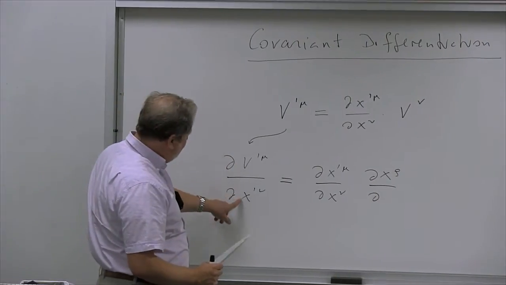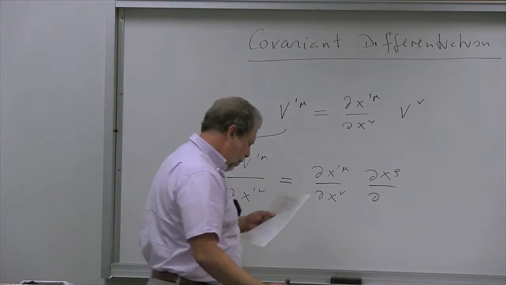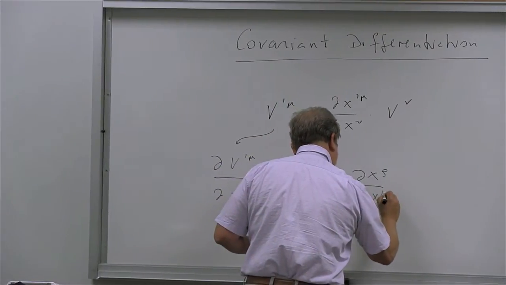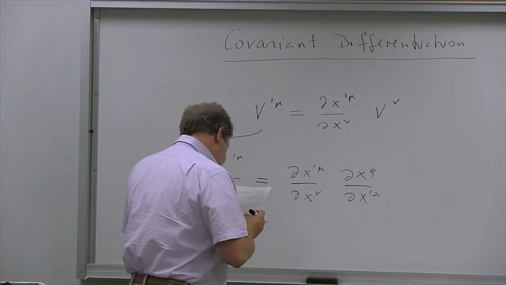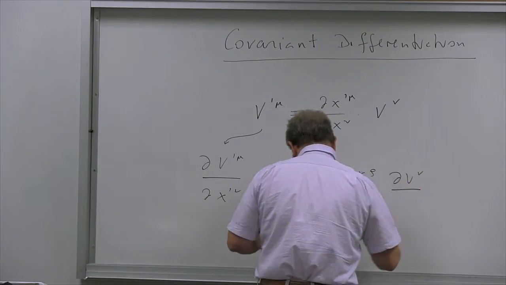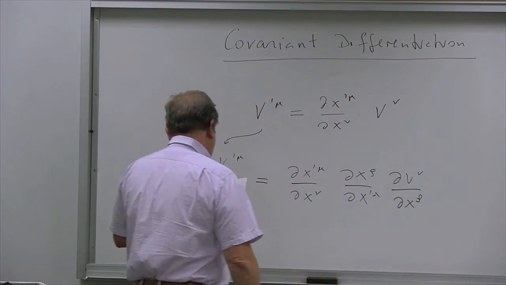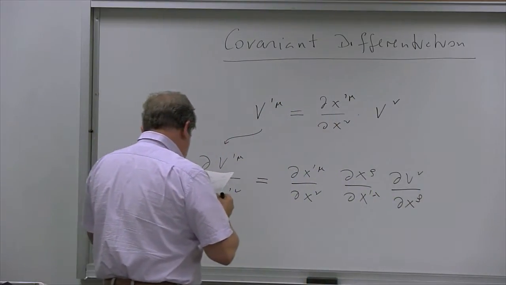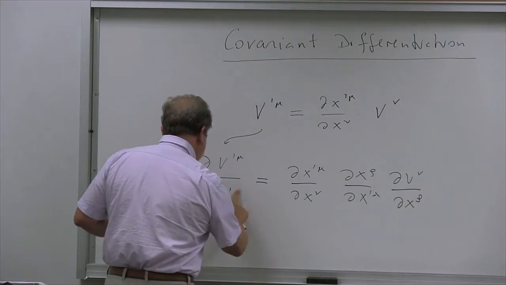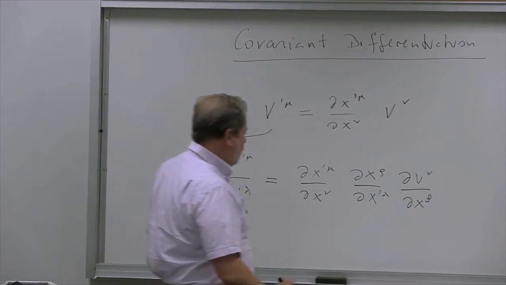Now we want to write the derivative with respect to x prime as a derivative with respect to x, so we write it as dx rho by dx prime lambda times dv nu by dx rho. With this index, we want it to be lambda. That's one term.